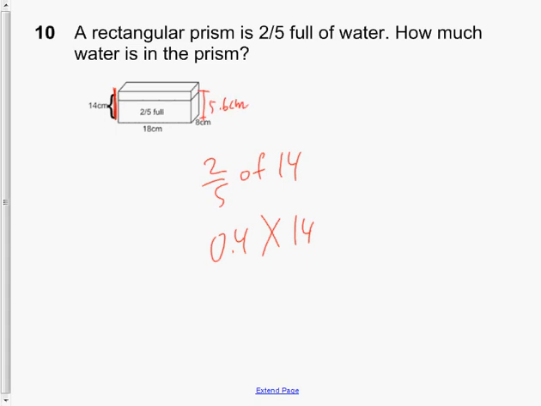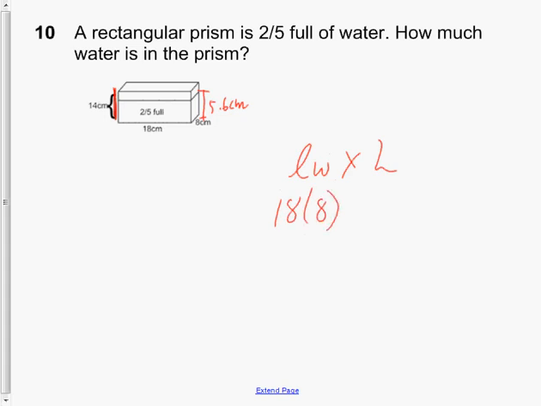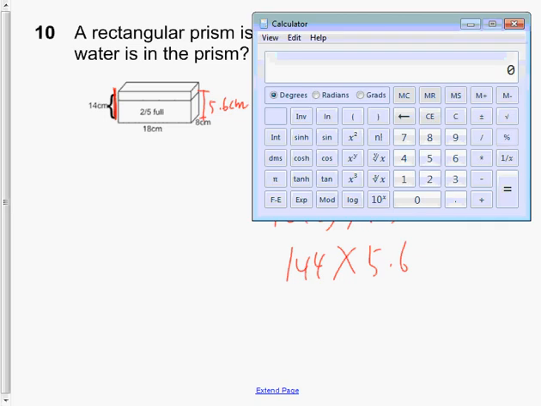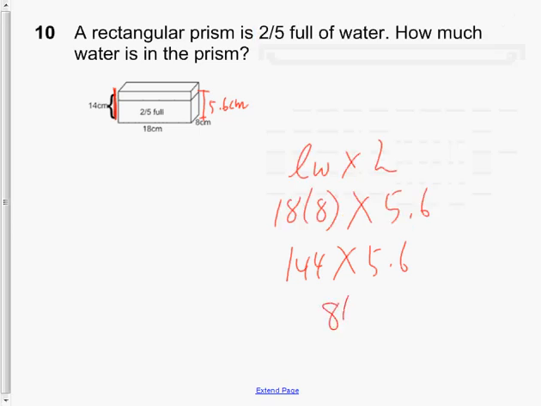Okay? And because I know that, then what I can do instead is go length times width times height, 18 times 8. But this time, instead of using 14, I can use 5.6. Because that's what the height of the water is. And if I take my thing and go 144 times 5.6, which is the height of the water, I still get the same answer of 806.4 milliliters.